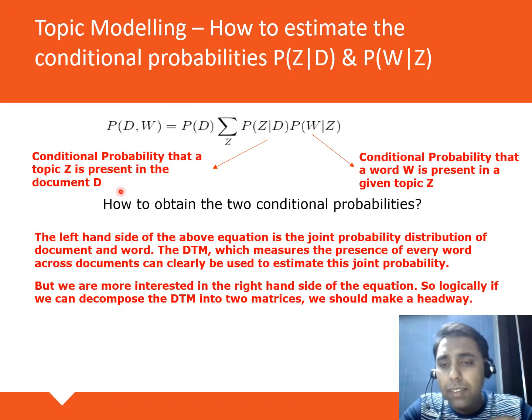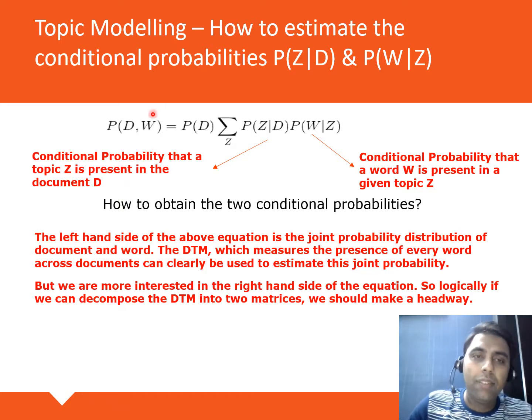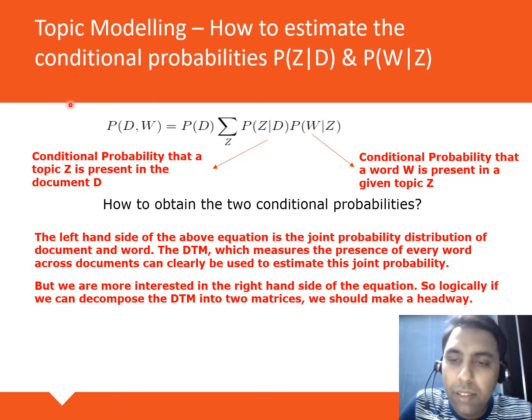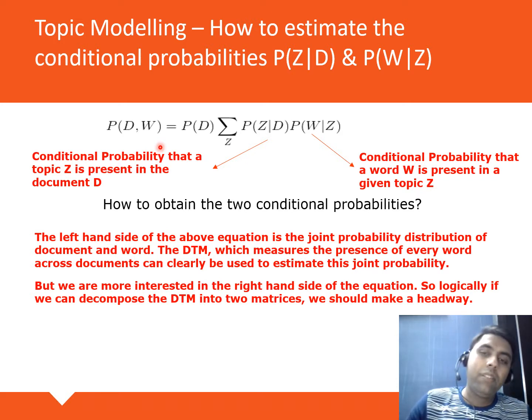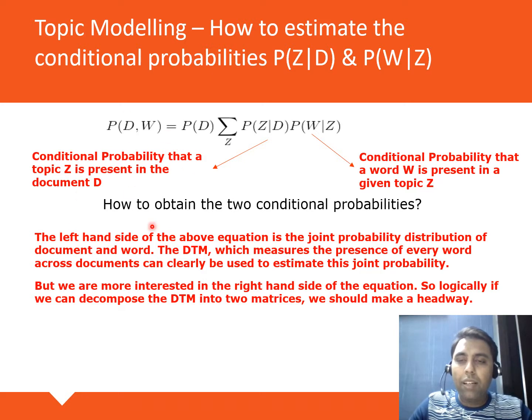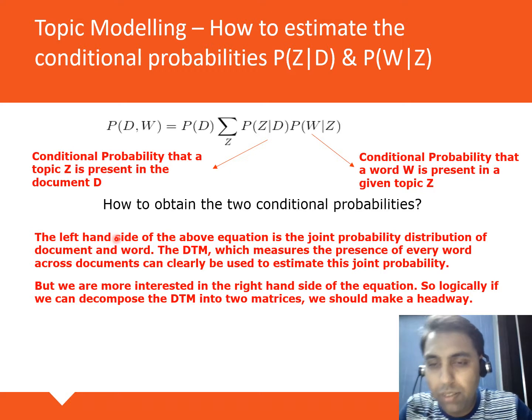Now the left hand side is basically the joint probability distribution of documents and words, and as I was briefly mentioning at the beginning, this is something which can be estimated from the document term matrix. So the left hand side of this equation is analogous to the document term matrix, right?